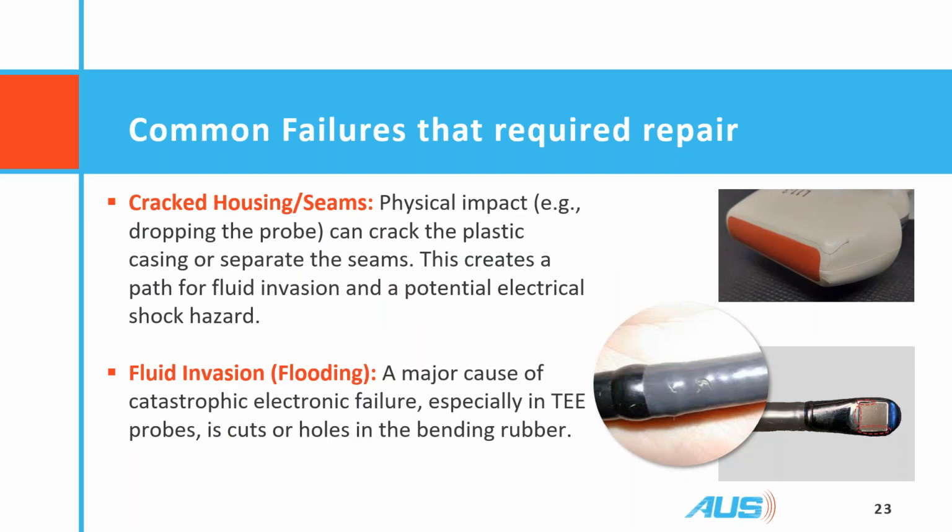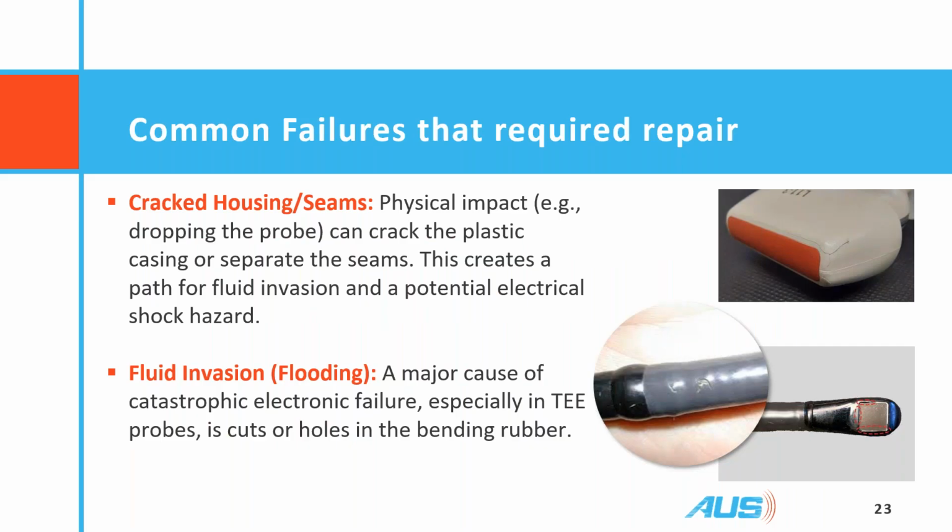Cracked housing and seams. You can see the picture on the right has a cracked housing. This can cause a lot of issues. Clearly, you're using gel when you couple to the patient. If you're using it on a preventative maintenance, you may be using water with a saline solution that can leak into the internal components.